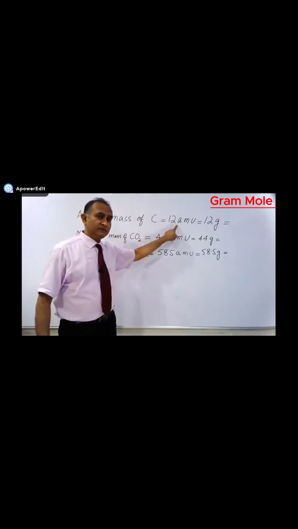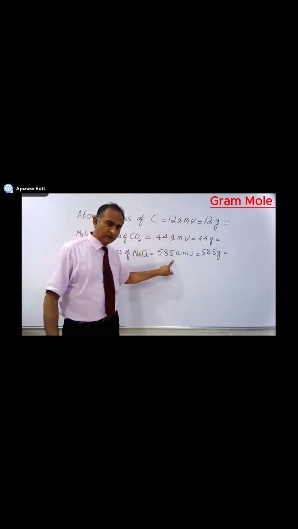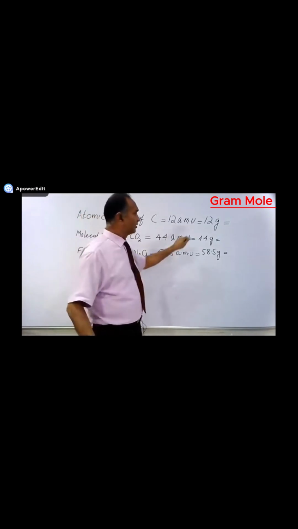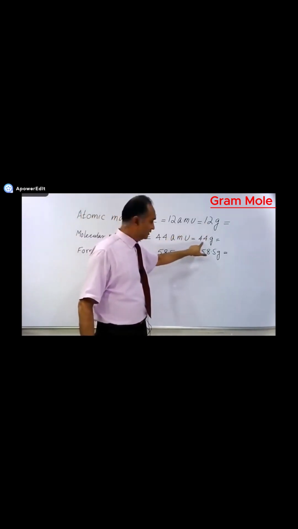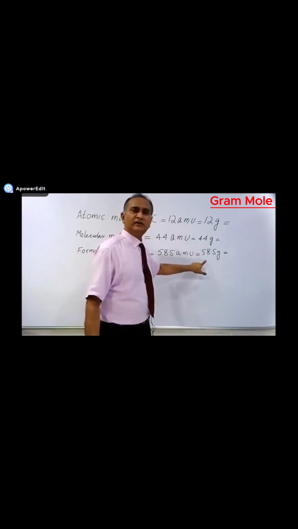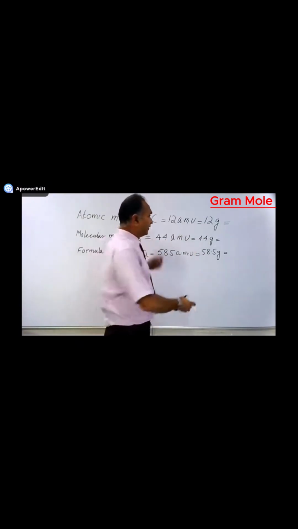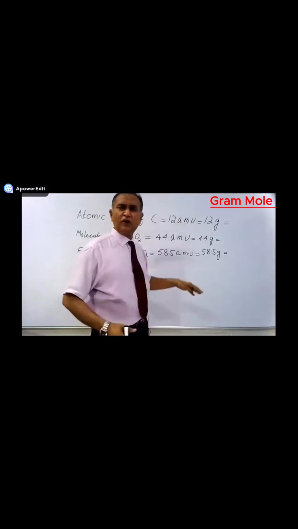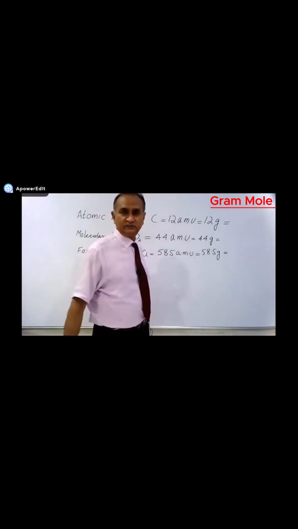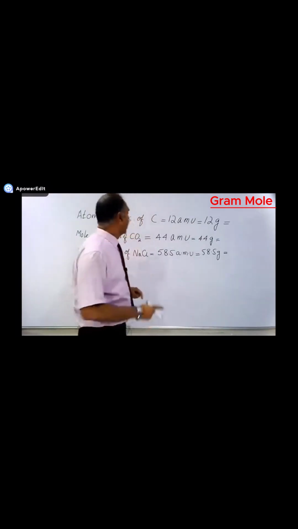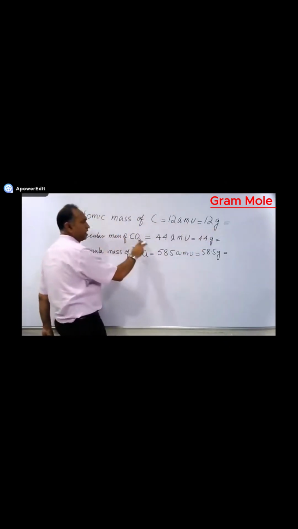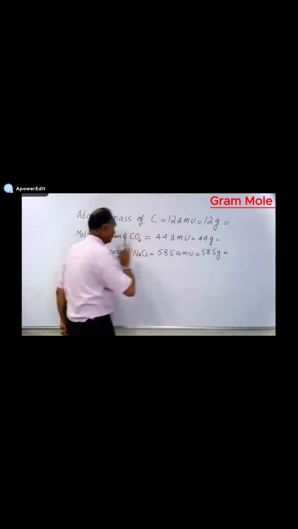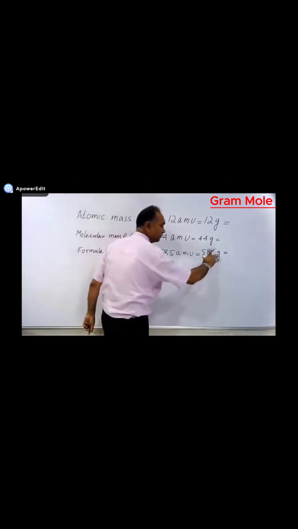Atomic mass, molecular mass, formula mass, showing them in grams: gram atomic mass, gram molecular mass, gram formula mass, or instead of saying so many masses, simply called molar mass. So you can say molar mass of carbon is 12 gram, molar mass of carbon dioxide is 44 gram, molar mass of NaCl is 58.5 gram.